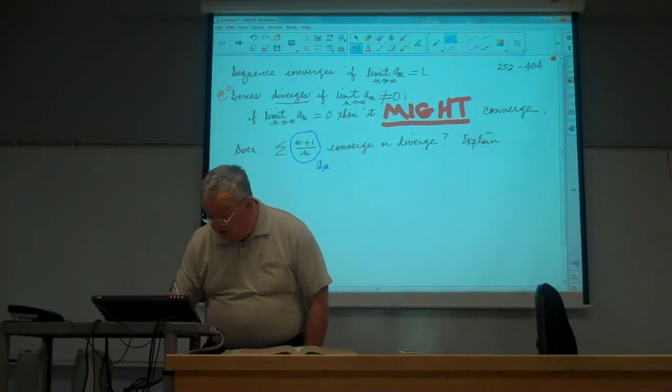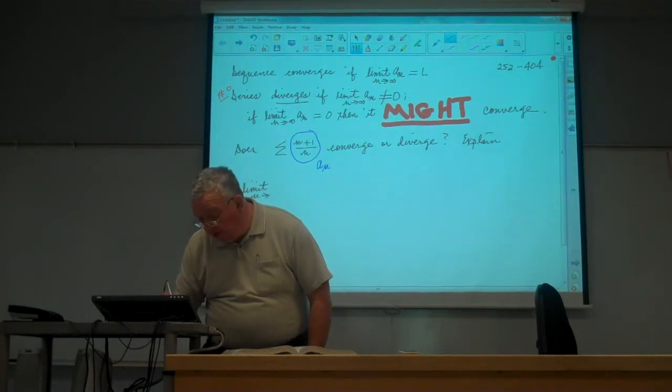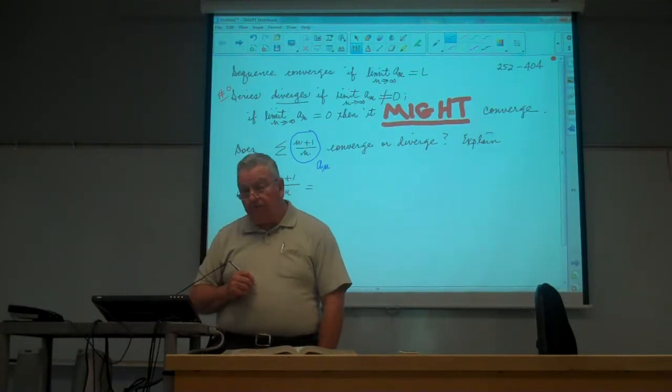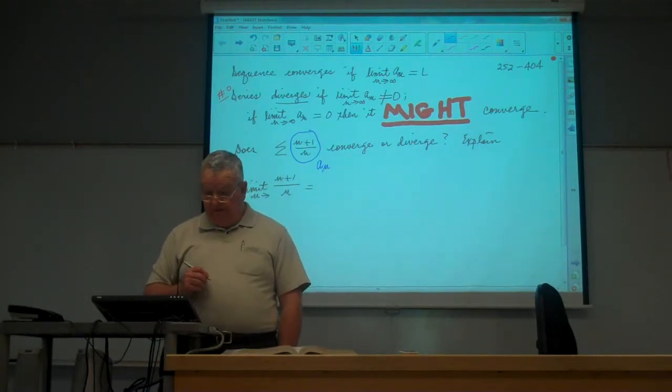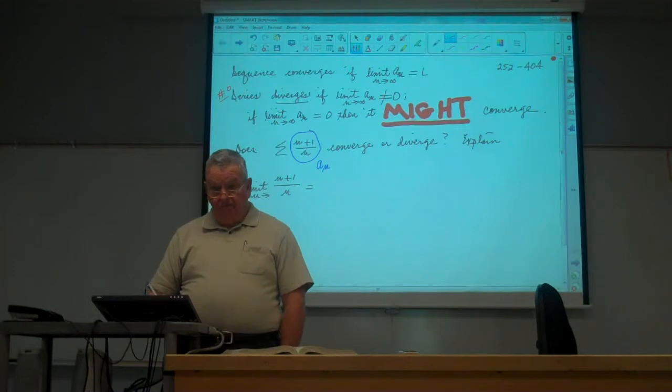So look what happens. Does it converge or diverge? The limit as n approaches infinity of n plus 1 over n is equal to. Any suggestions? What is it equal to if you just substitute infinity in? Infinity over infinity. 0?